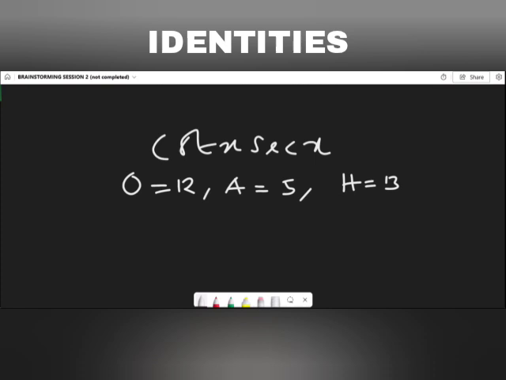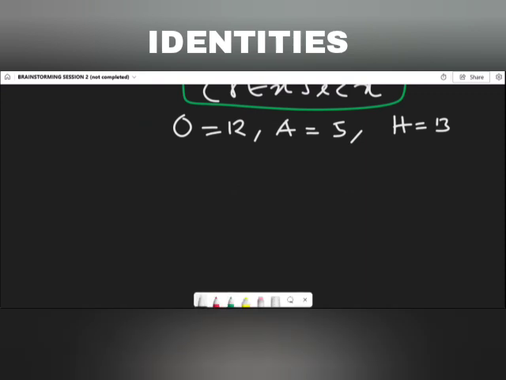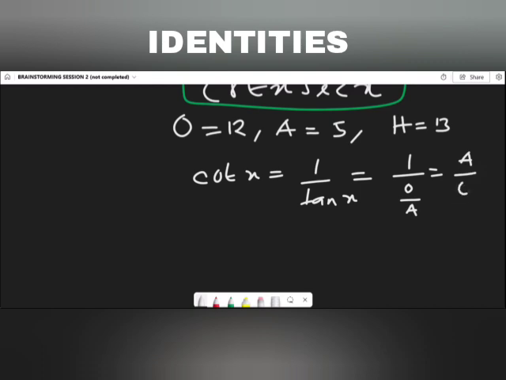Cos x is the inverse of tan x, and tan x is gotten from 2r, which is opposite over adjacent, and the inverse of that is a all over opposite.